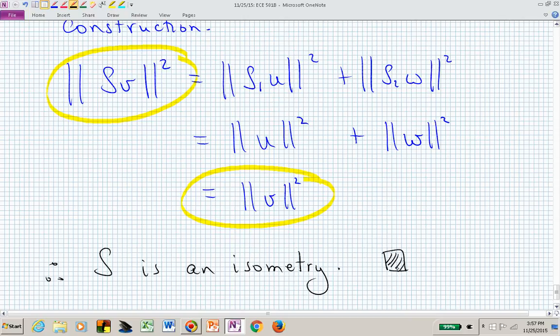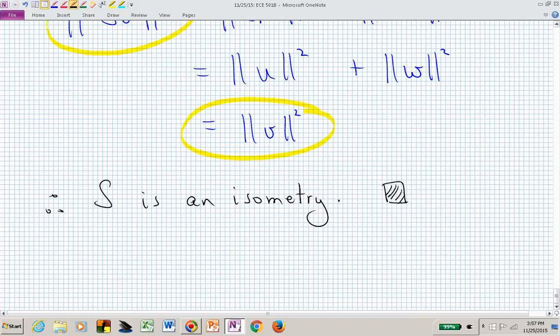And that finally allows us to conclude this proof of the polar decomposition.